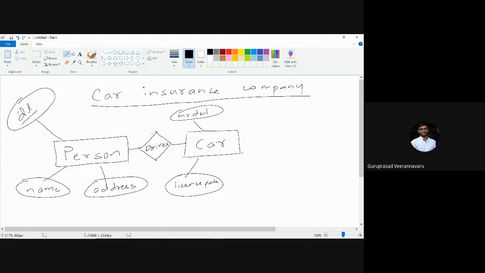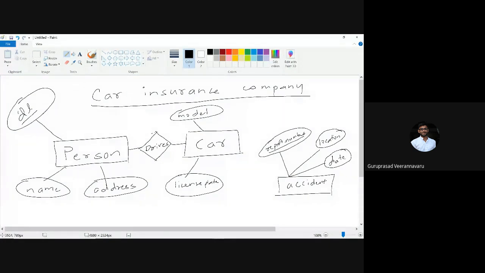Then, if somebody is going to claim money, what is the thing that would have happened? The thing that would have happened is an accident, right? So let's say we make accident another entity. Let's say we identify an accident by report number, and then where the accident took place is location, and when the accident took place, let's call it date.